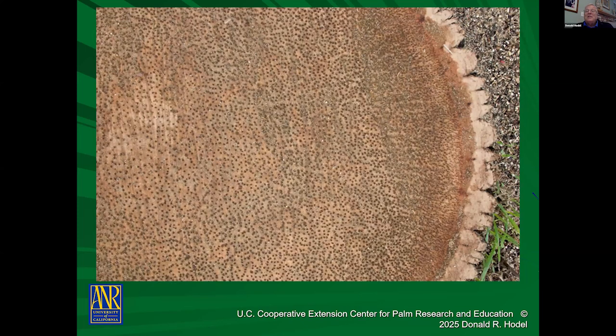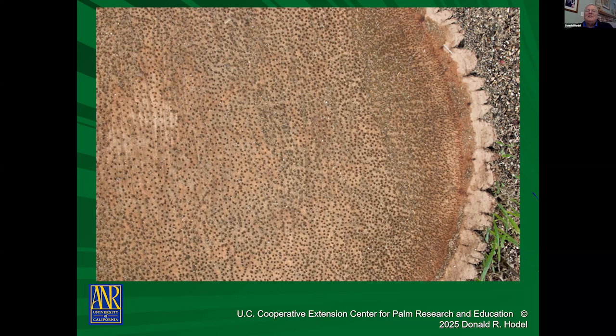And here's a cross section of a palm stem. This happens to be Washingtonia robusta, and you see a very thin light layer on the outside of the trunk. That's the pseudobark, and then inside that we see the main part of the trunk, which is composed of kind of an orangish brown background tissue.